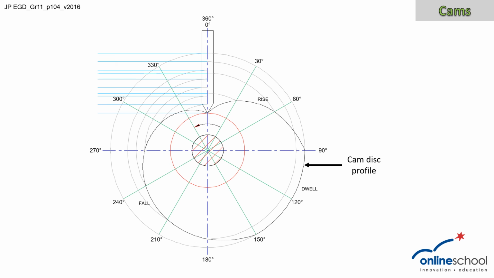Finally, we can now draw in the actual cam disk profile. This is the dark solid outline on our constructions that we have been doing all the way. So from here, we are just going to use our French curve, and with the French curve, we are just going to connect each one of these reference points one after the other. I usually line up about 3 points on the French curve.